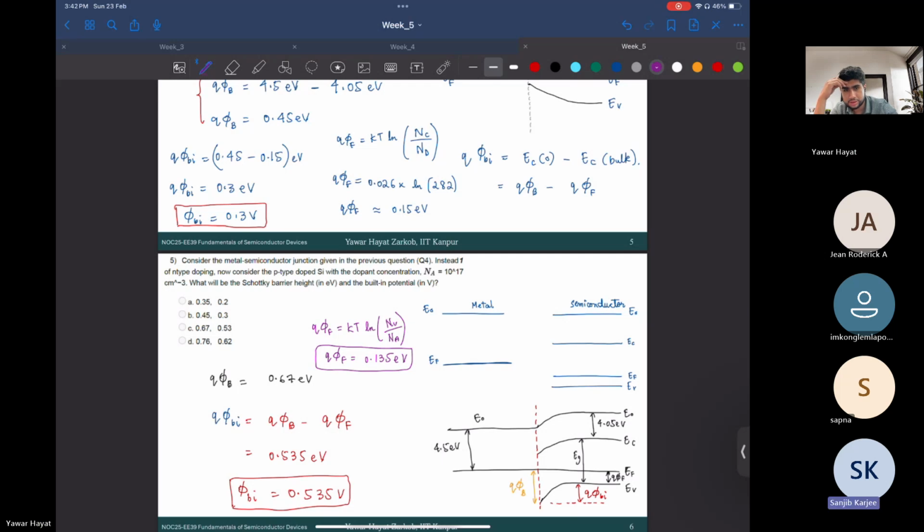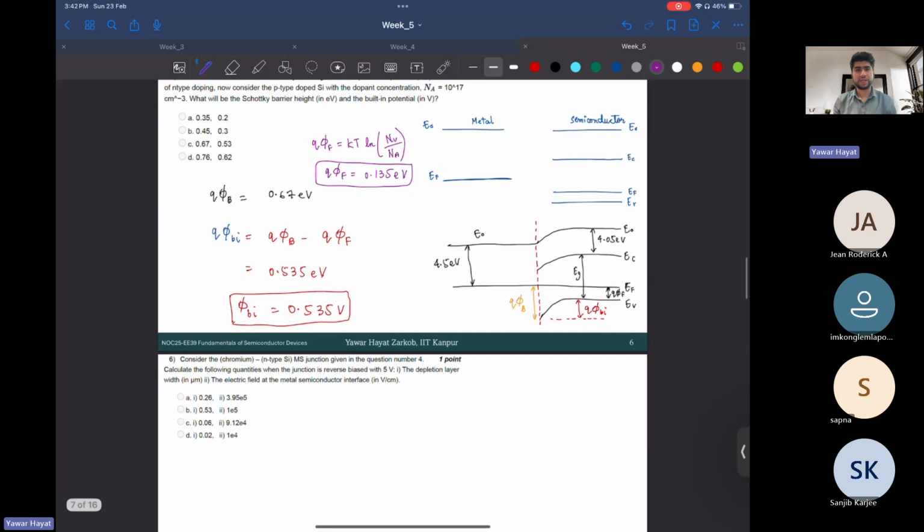The answer would be Q5BI equal to 0.535 volt. That is what I wrote. Yes, correct answer. Your Q5BI is 0.535 electron volt. Thanks for trying that out yourself as well. So we'll move on to the next question then, right?